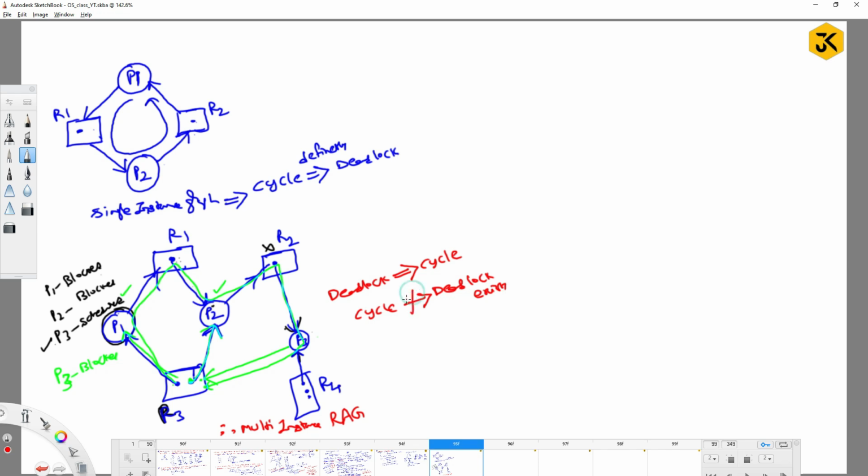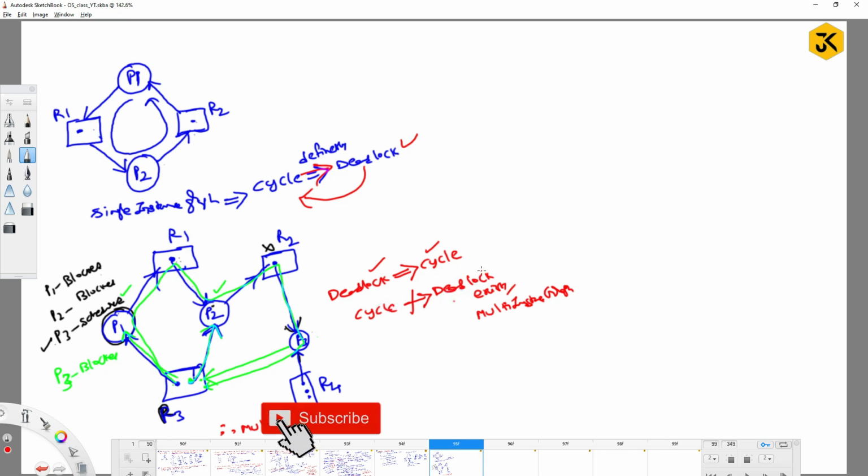This is not true in a multi-instance graph, not in single instances. In single instances, if there is a cycle, definitely there is a deadlock. If there is a deadlock, definitely there is a cycle. Both are possible. In a multi-instance graph, if a deadlock existed, a cycle will definitely be there. But if a cycle is there, a deadlock cannot be guaranteed.